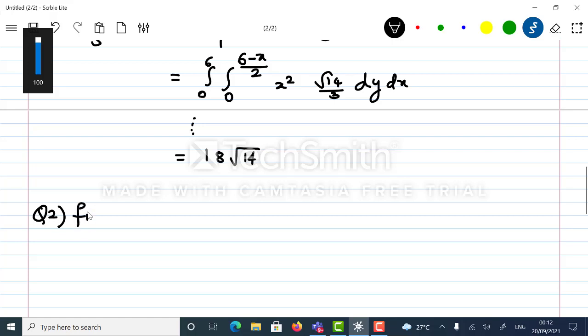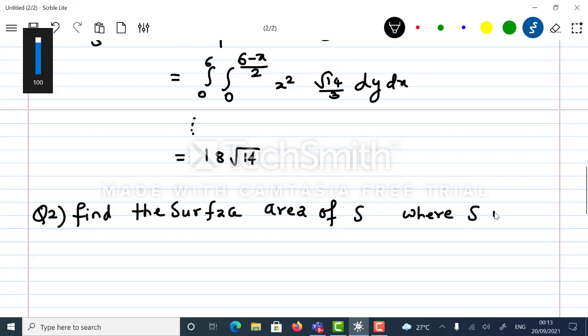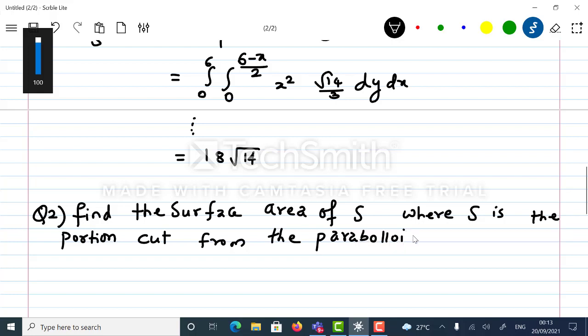So the question is, find the surface area of S, where S is the portion cut from the paraboloid z is equal to 1 minus x square minus y square by the plane z is equal to minus 3.